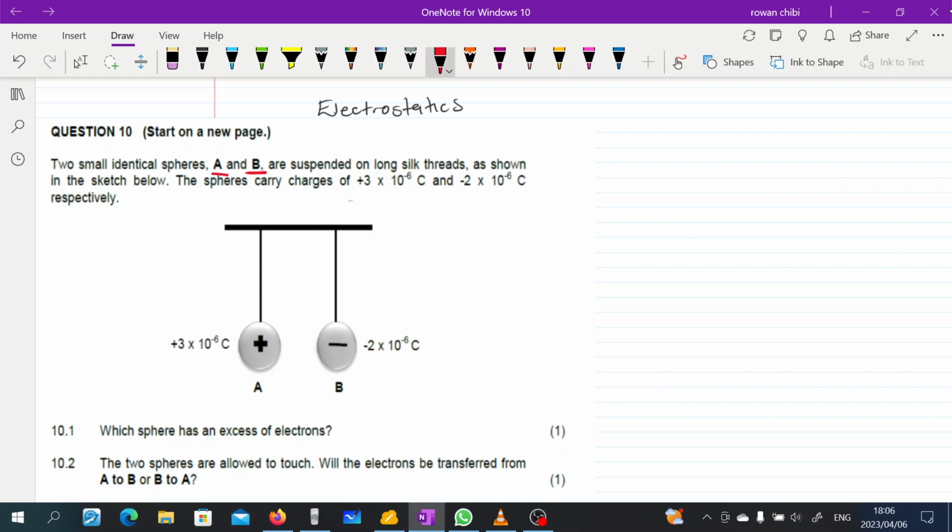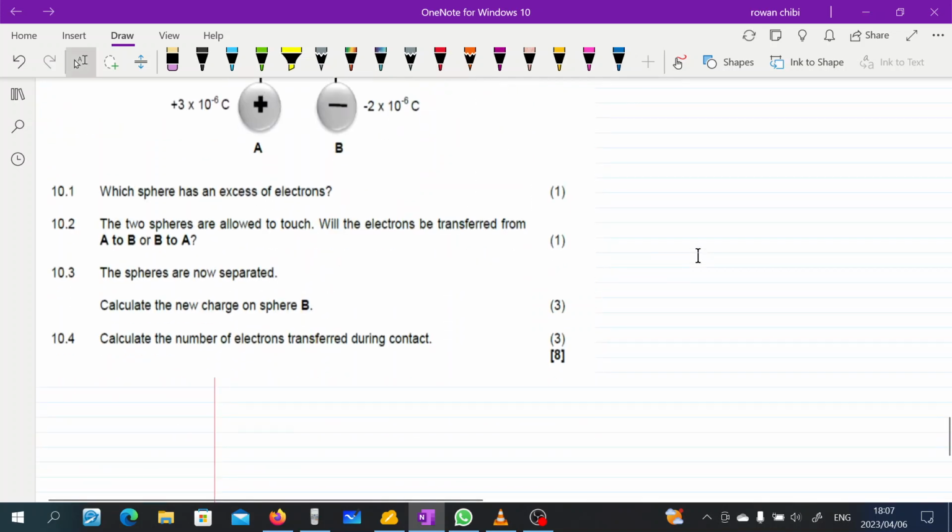The spheres carry charges of 3 times 10 minus 6 coulomb, that is sphere A, and minus 2 times 10 minus 6 coulomb, that is sphere B. So these are the 2 charges, A and B. The one is positive, the other one is negative. So let's look at the questions now.